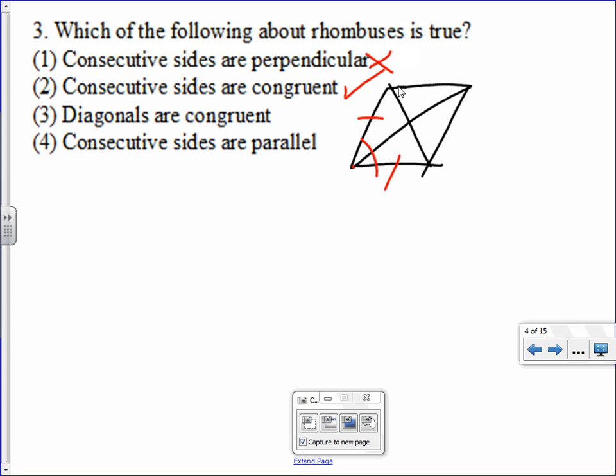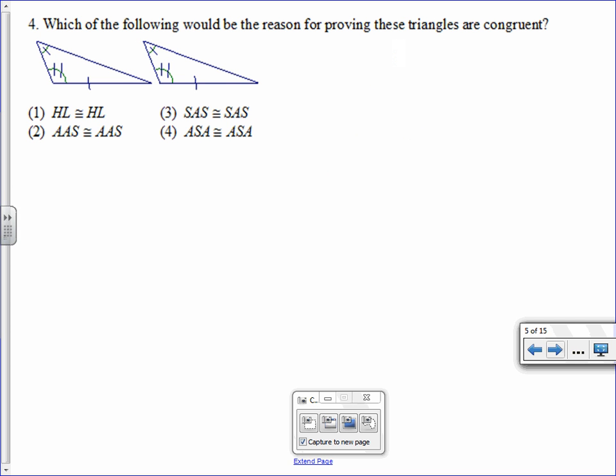This green one is obviously a lot longer than this blue one. Rectangle and square, where it's straight, those are congruent diagonals. Are consecutive sides parallel? Are these sides right here parallel? No. Which one is true? Choice 2. Draw the shape, look at the shape, answer the question.